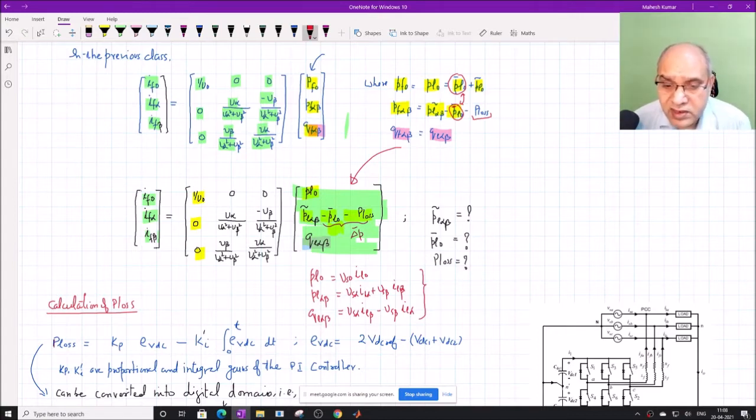So we know the raw values of these powers, and from these raw values we have to compute, number one, what is PL, what is the PL bar and what is PL alpha beta tilde, because these two are required here, and we also need to compute what is P loss, to be substituted in these expressions.